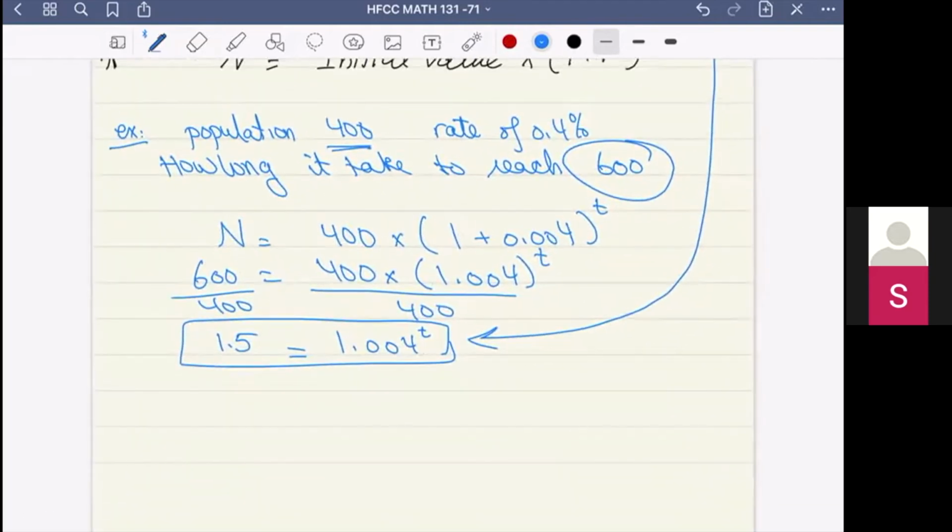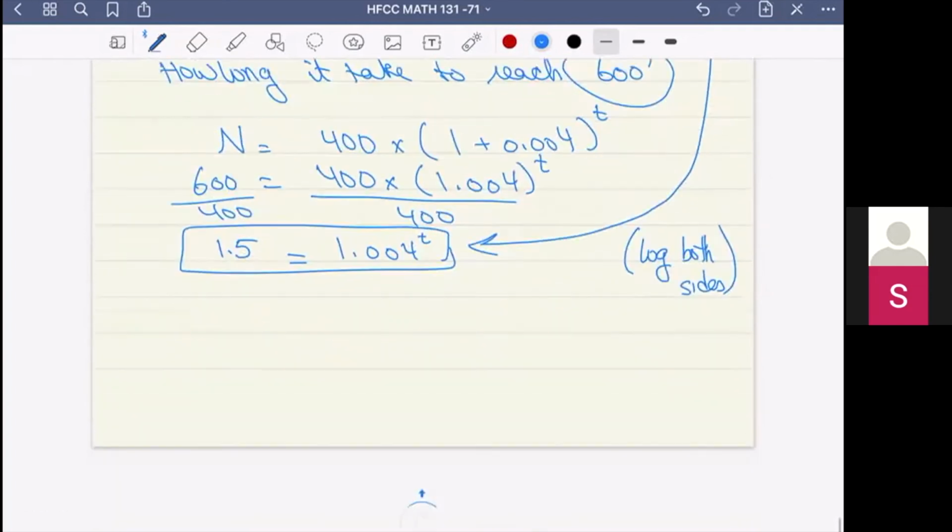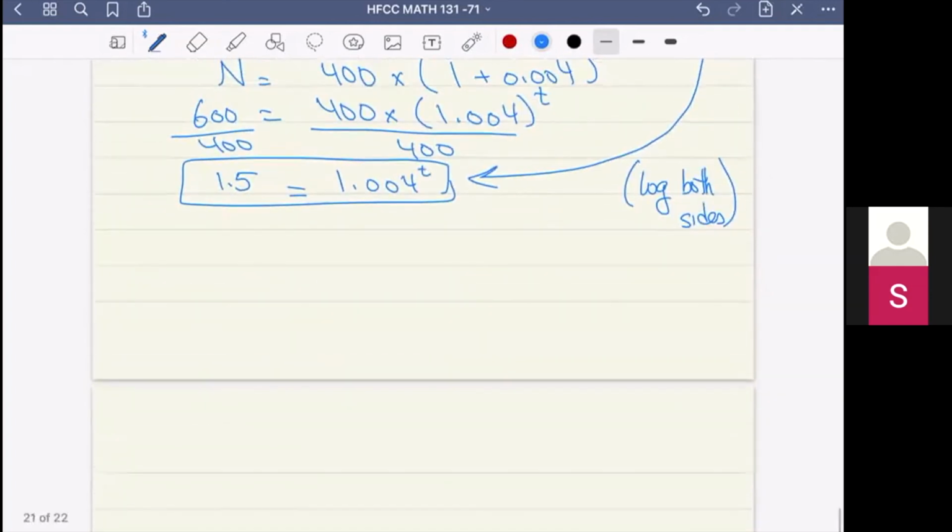You know how you sometimes multiply both sides by 2, or whatever you do to the left-hand side, you do to the right-hand side. The way I like to phrase it, I say log both sides. And when you log both sides, you get log of 1.5 equals log of 1.004 to the power t.